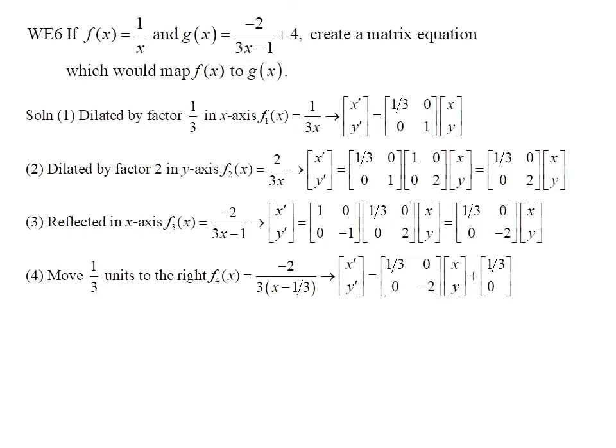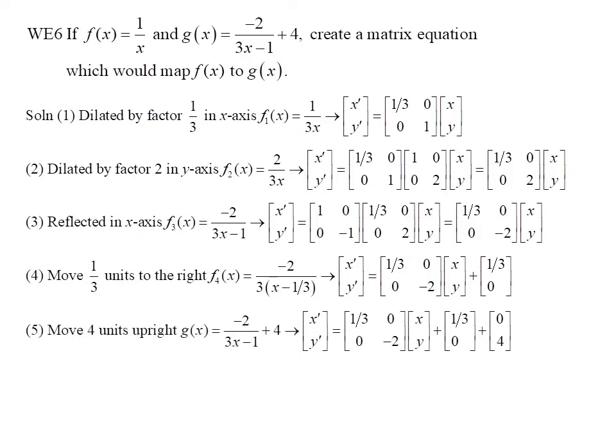The last step of the transformation is to move 4 units in the positive y direction, which means to add 4 units to the equation. In the meantime, the matrix transformation for the translation 4 units in the positive y direction is also shown by adding a 2 by 1 matrix in the equation.